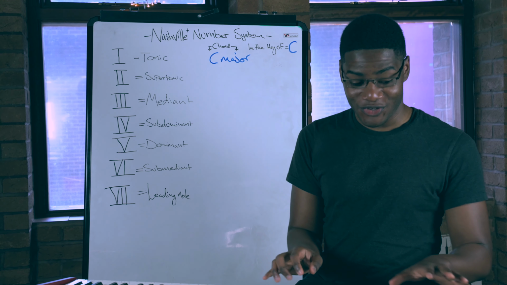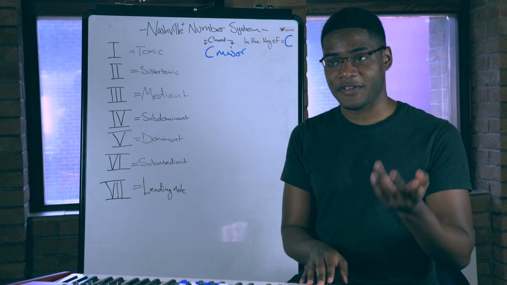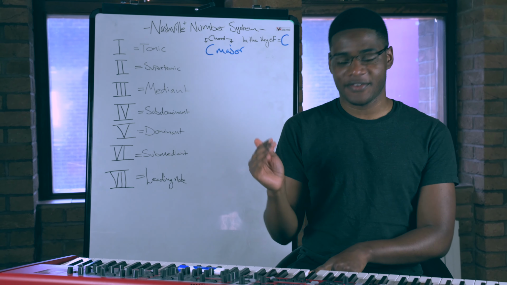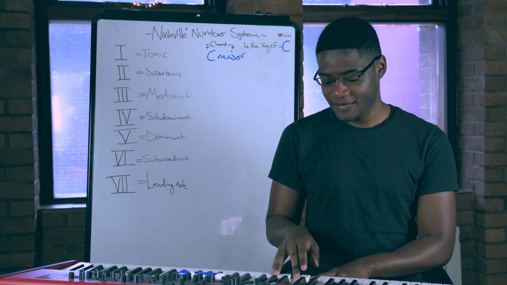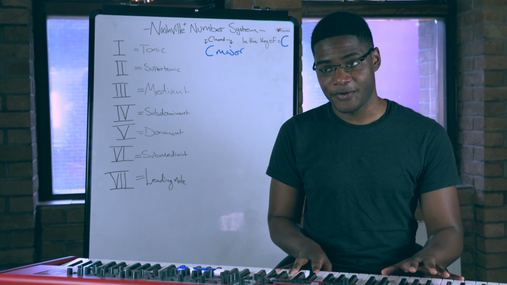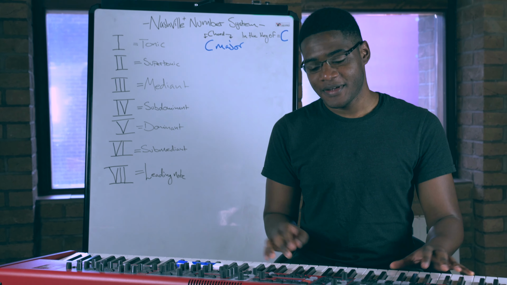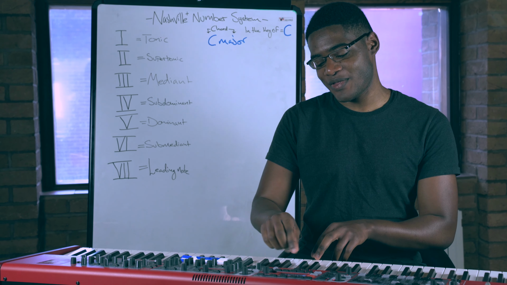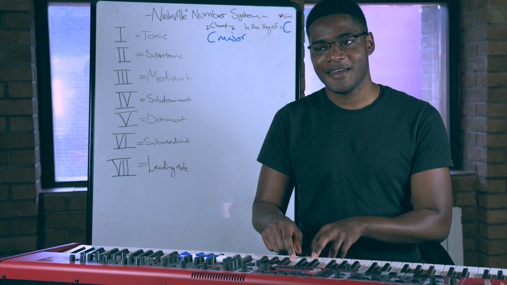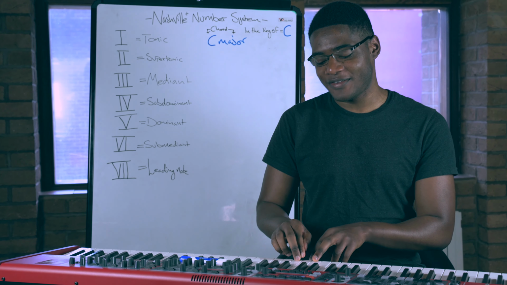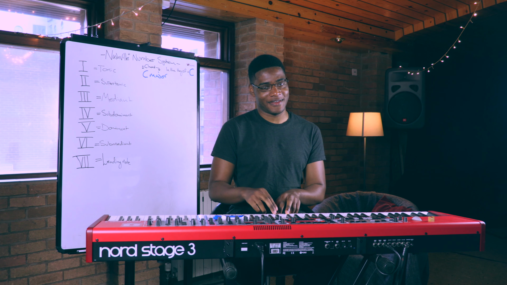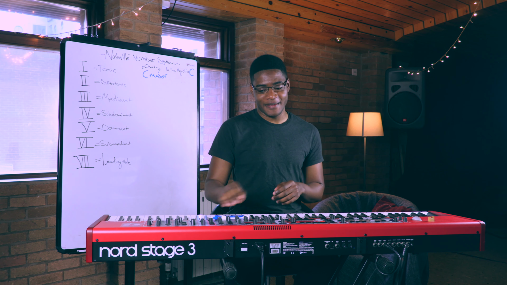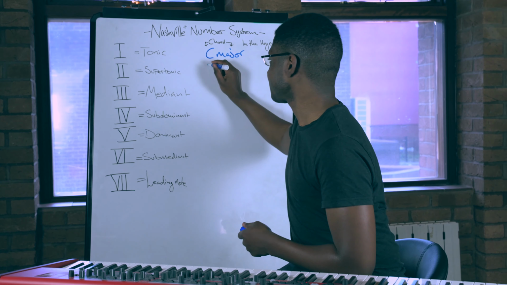Let's walk it up. Chord 2 is built off the 2nd scale degree, so it's D, and we stack thirds on top of that. It's actually a minor chord, D minor, because we can't stack a major third without going outside of the key of C. So the thirds on top of D in the key of C are an F and then an A. That's D minor, so we can write that down.